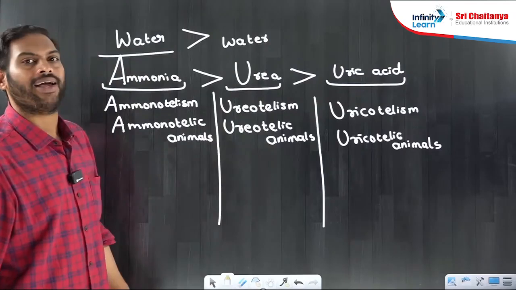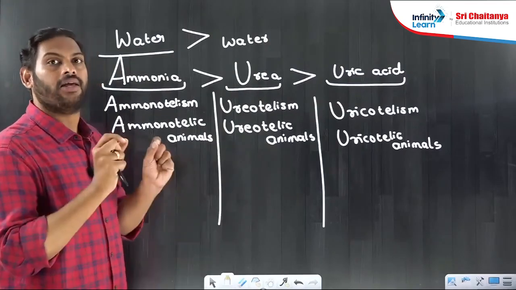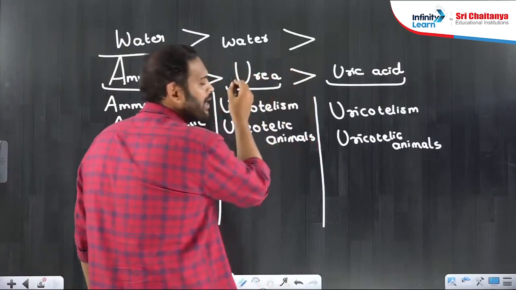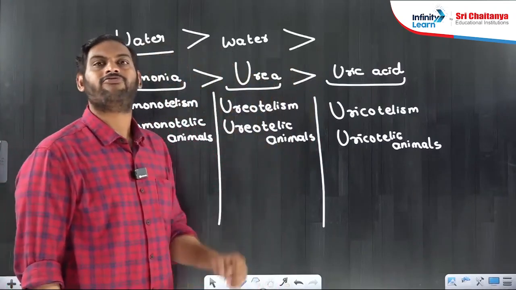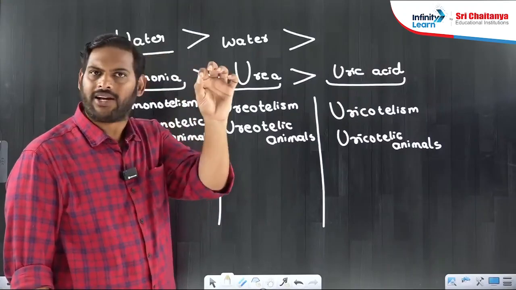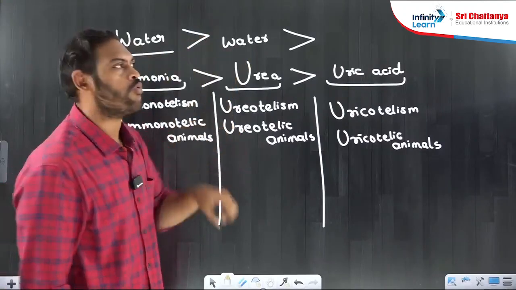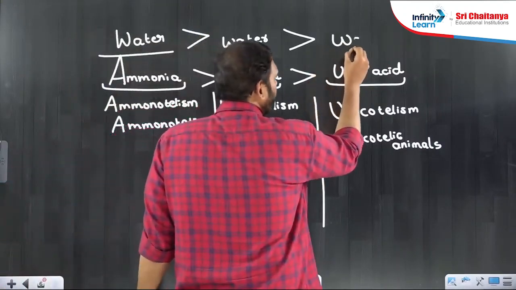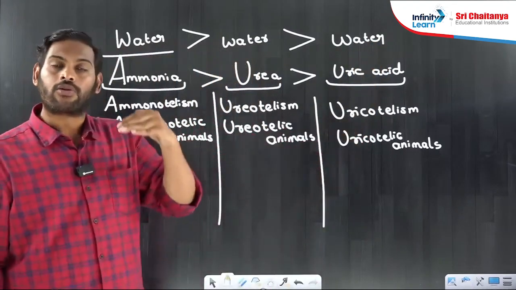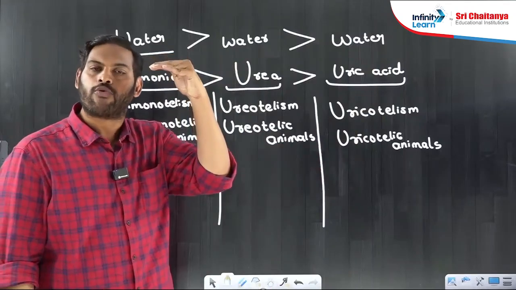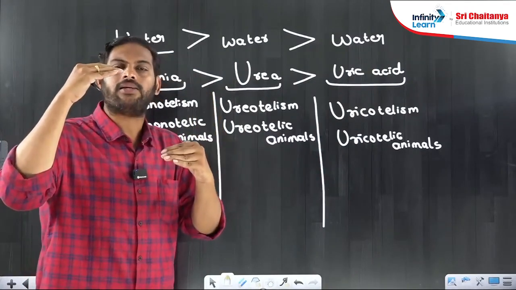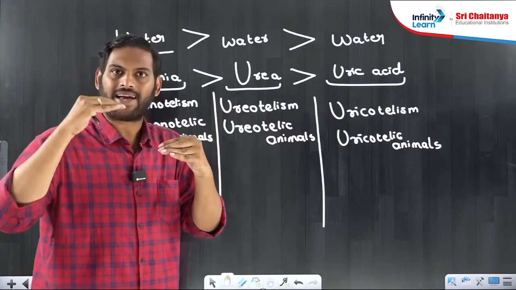Then, which excretory waste requires the least amount of water to excrete? Obviously, uric acid. Uric acid is a very, very condensed form of excreta. It can be excreted with a minimal amount of water. See, the more the toxicity, the more water is required to excrete it. The less the toxicity, the less water is required.